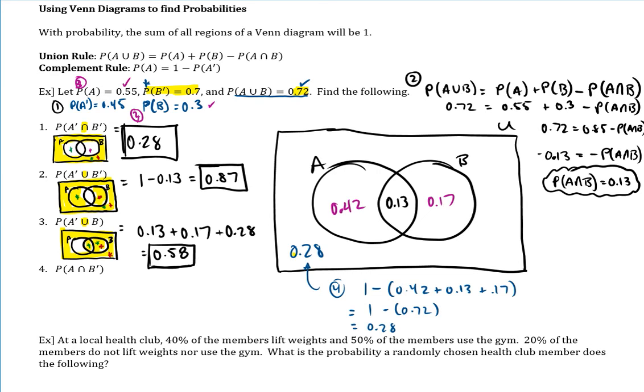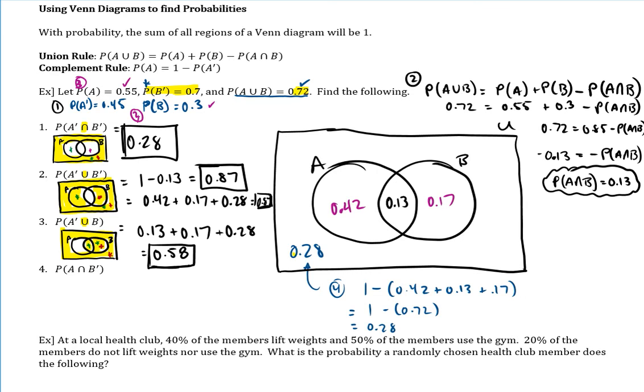Or I could have added all of the regions that were shaded, the 0.42 plus the 0.17 plus the outside, which is 0.28. And when we add those up, it would be 0.87. So it's a way to check it too. Same answer. It got lost a little bit, sorry about that.